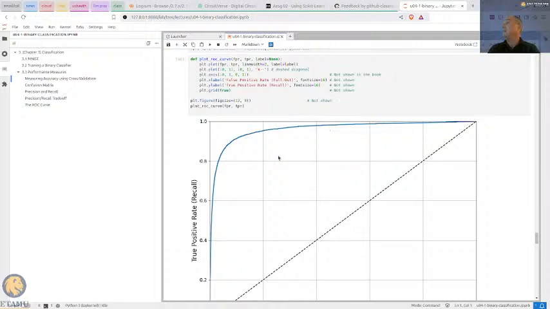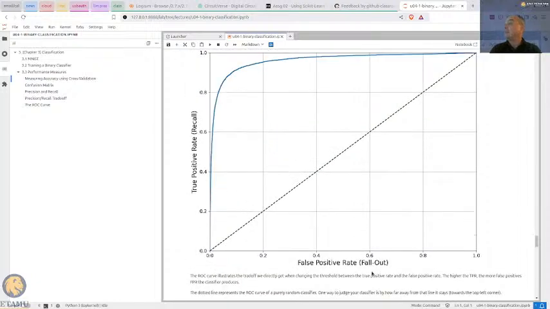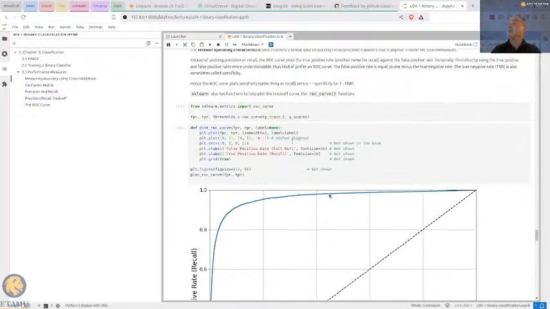But I don't know. This is just standard, so you'll probably see this a lot. It's really using the recall as the y-axis, but instead of precision, they're using the fallout on the other one. But yeah, it's plotted one against the other as the threshold changes.